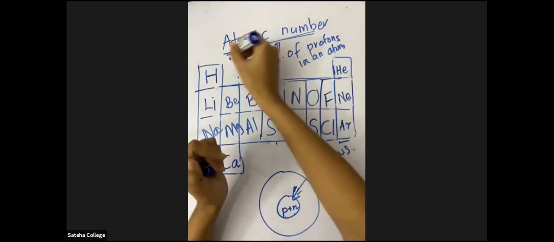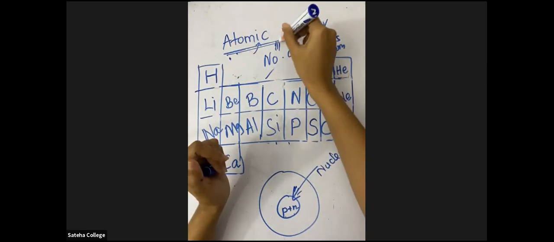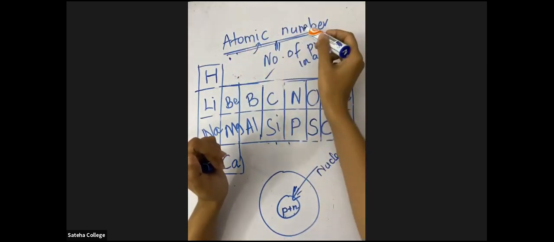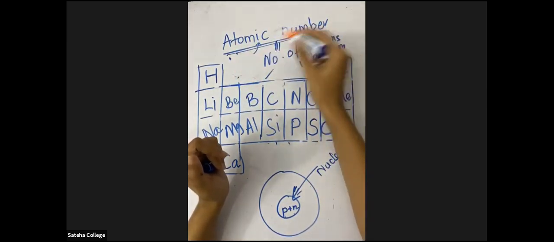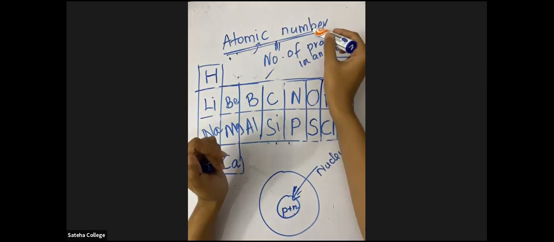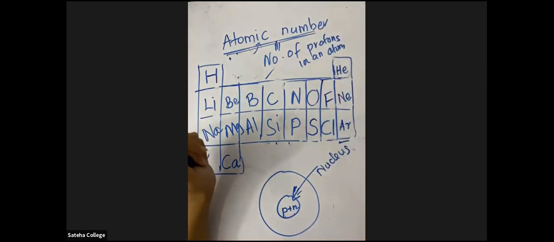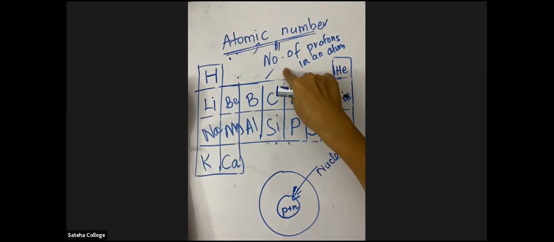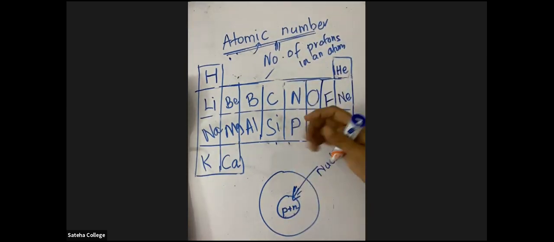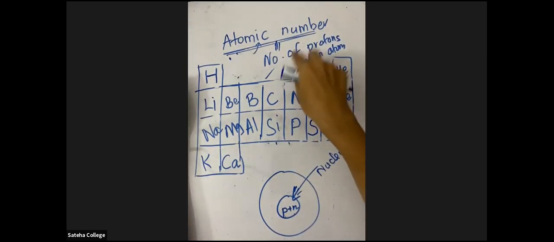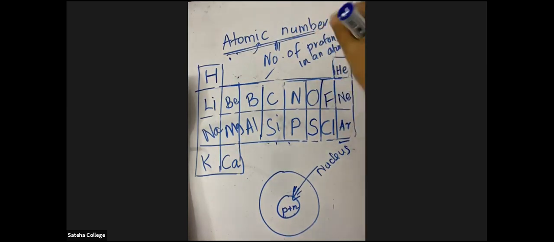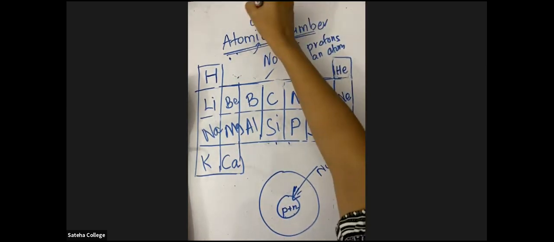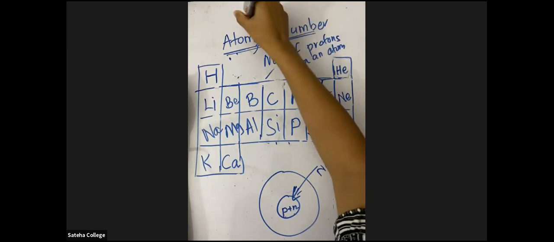So that number, you call it what? Yes, atomic number. So what is the atomic number, everyone? Say with me. The number of protons in an atom. So atomic number is unique.